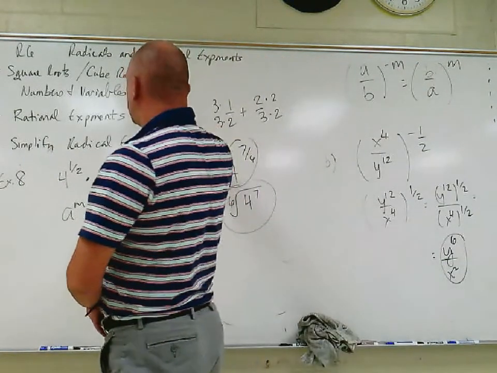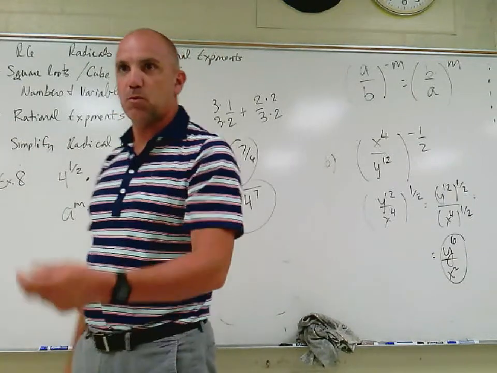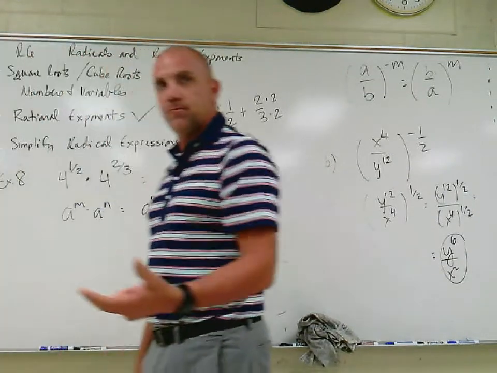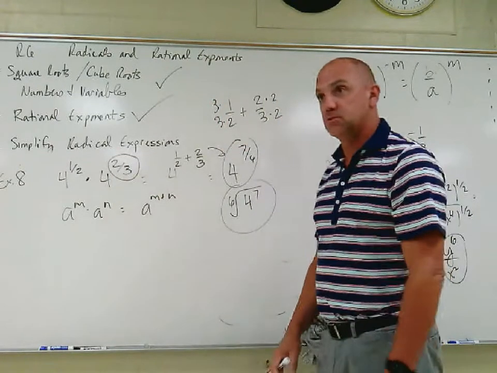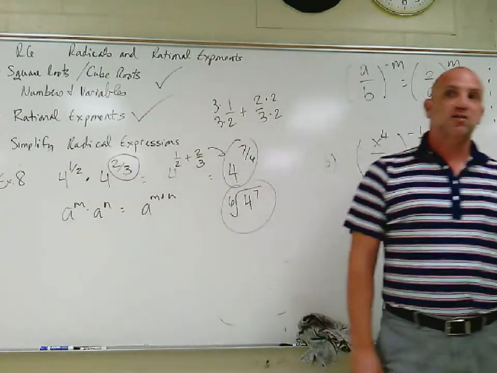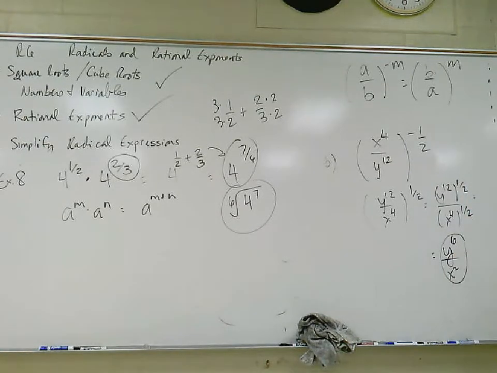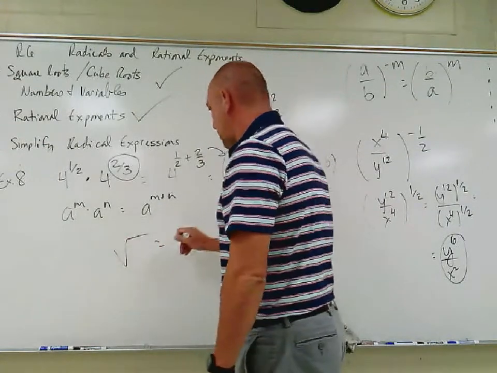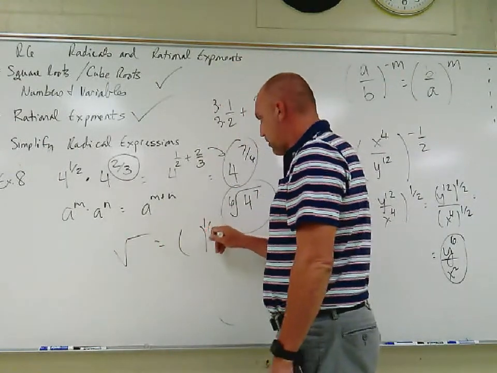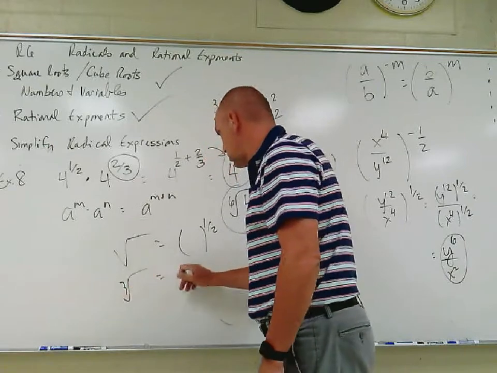So, rational exponents are what exponents? Exponents that are fractions. Always get rid of what exponent first? Negatives. Make it positive. And then you know your equivalency. Square root is the same as what power? 1/2. Cube root is the same as what power? 1/3.